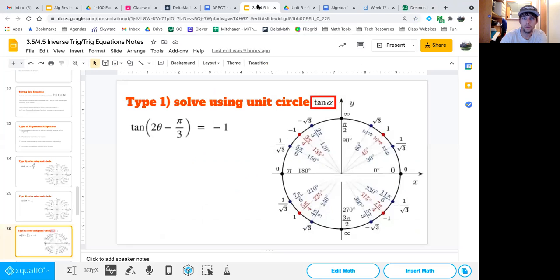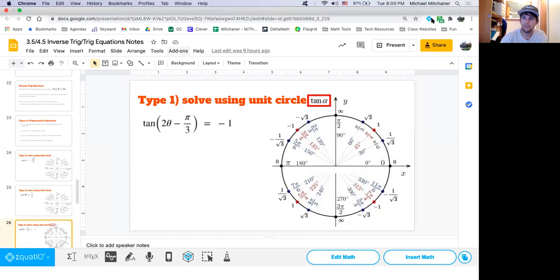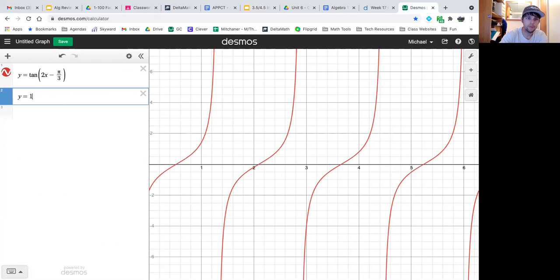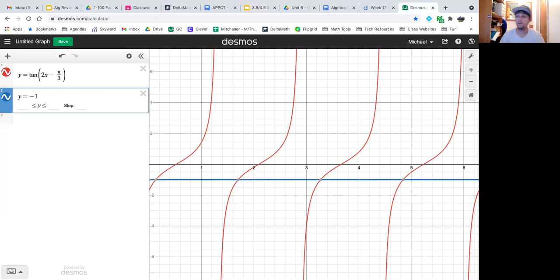Okay, it's minus, good. We're looking for when it's equal to -1, and we're looking for all the solutions that fall between 0 and 2 pi. So that's what I have here. Okay, great, I can find all my solutions right here.